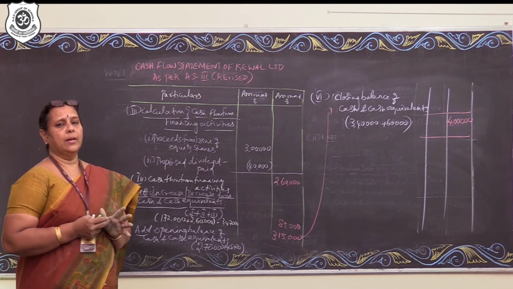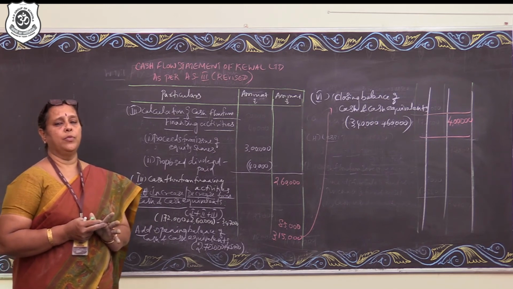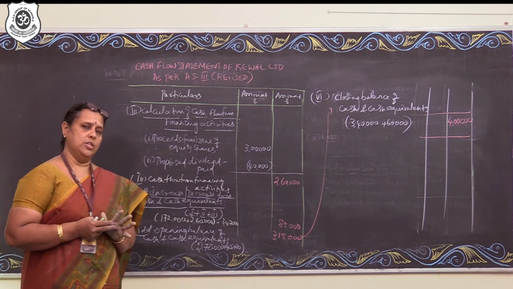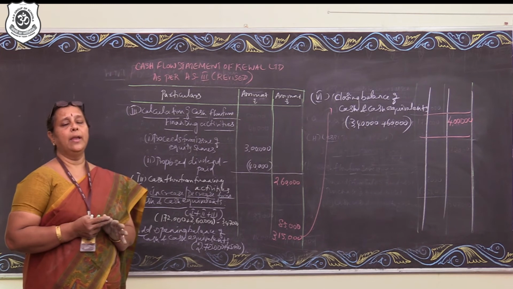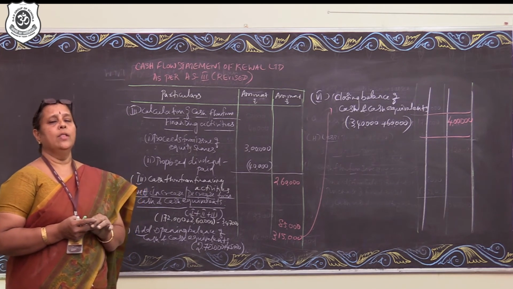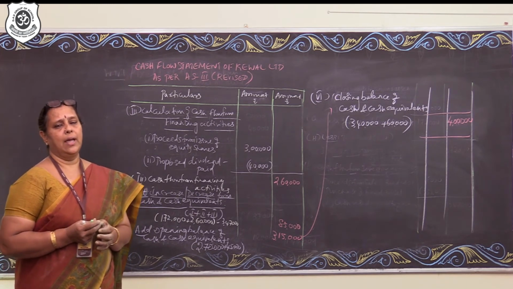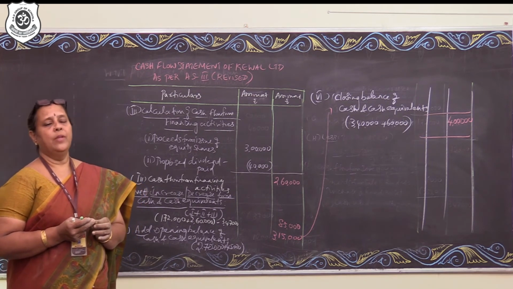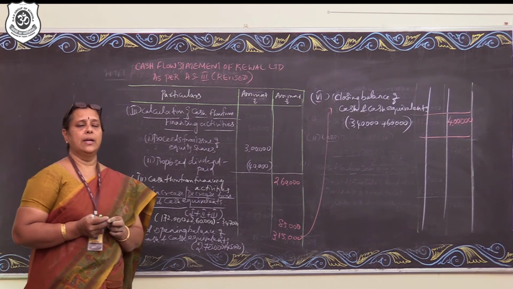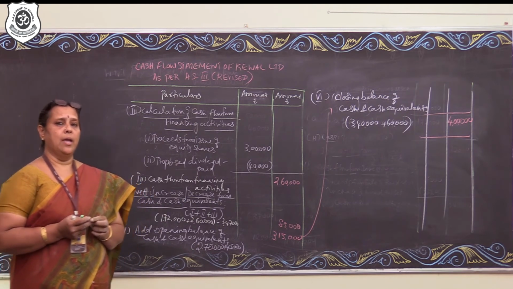Then we got net operating profit before working capital changes. With that, we added the increase in current liability and decrease in current asset. There was only one increase in current liability, namely trade payable, which was 10,000 rupees. Then we subtracted increase in current asset and decrease in current liability.